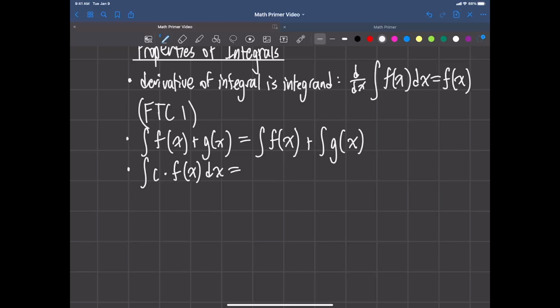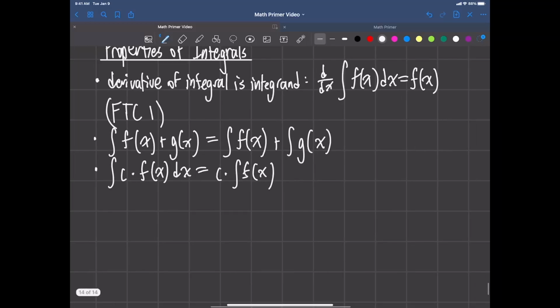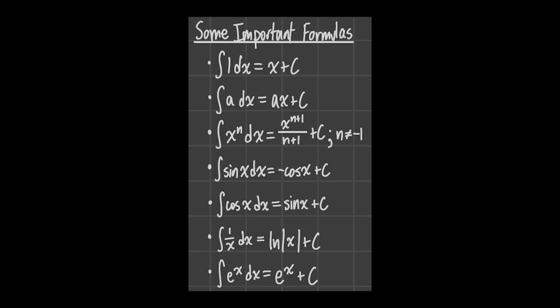So if we had a constant times f of x, we can factor out the constant, making it c times the integral of f of x dx. Now here are some important formulas you need to know to solve for integrals. A few common ones and some key rules here.